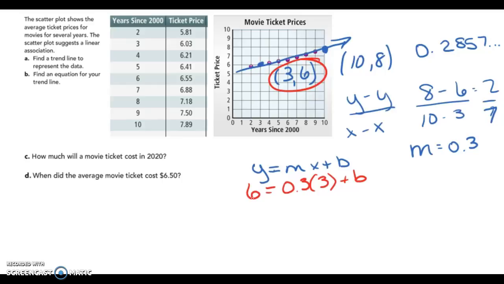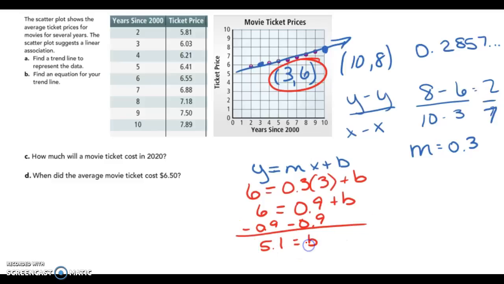So I have 0.3 times 3, which is going to be 0.9 plus b equals 6. I'm going to subtract out the 0.9, and I'm going to get 5.1 equals b. When I look at that, it should be about in there. That does look right. So y equals my m times the x plus my b.